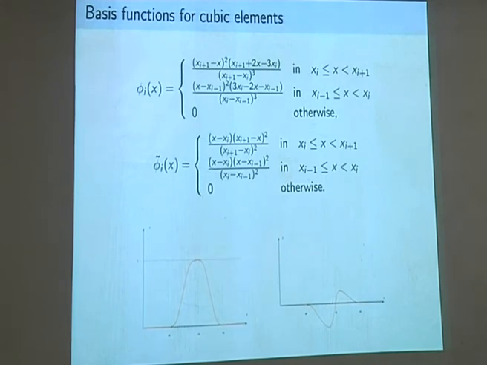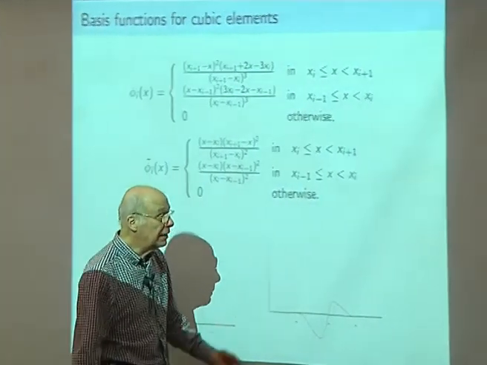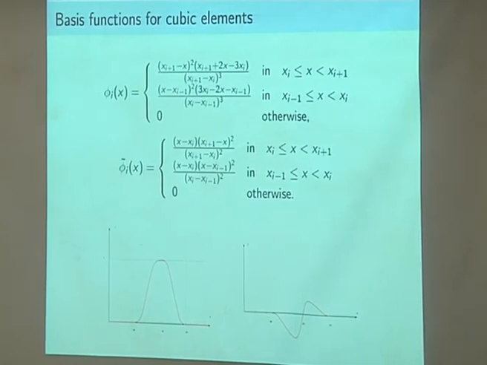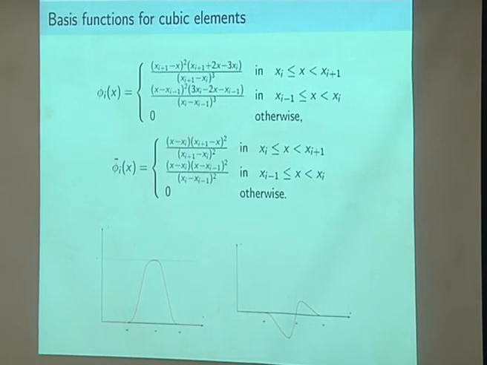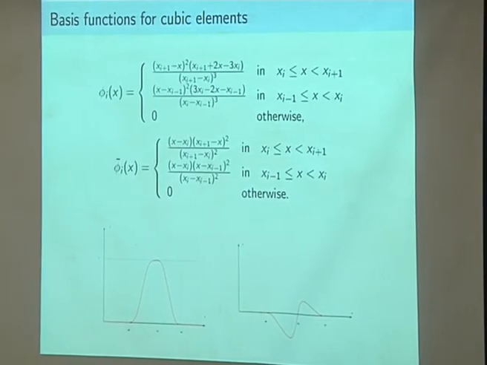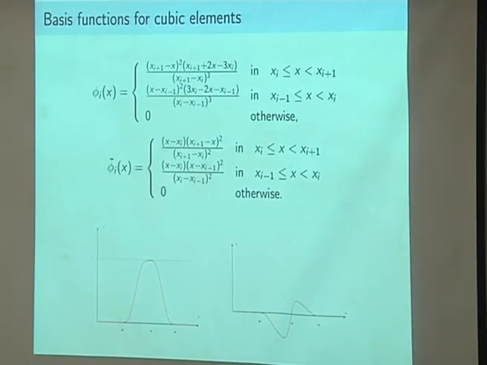And one basis function is equal to 1 in the middle and has 0 derivative at the beginning, 0 derivative at the middle, and 0 derivative at the end. And the other basis function vanishes before and after the 2 elements, has 0 value and 0 derivative at the beginning, 0 value and 0 derivative at the end, and in the middle it has 0 value but a slope of 1.